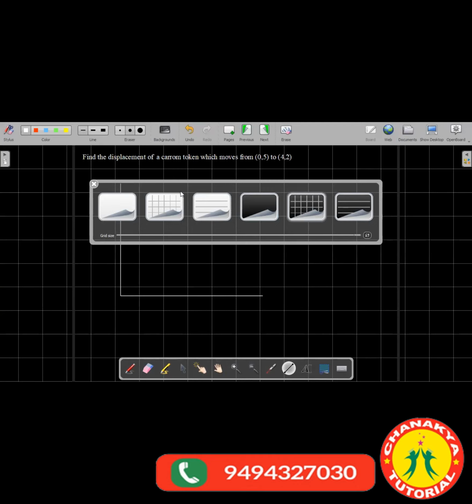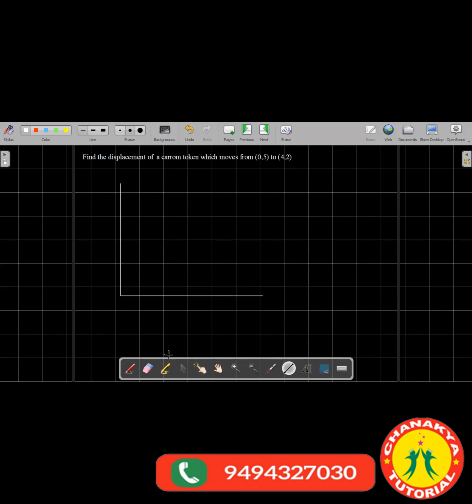Here we have taken coordinates and we will represent this with the help of them.